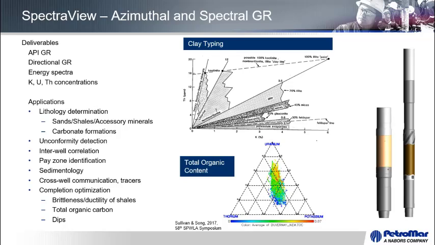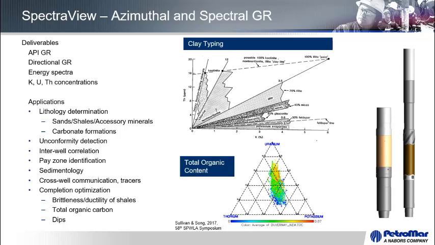Of course, the unconformity detections, some well correlations, phase zones, cross-well communications if we have tracers in the well, or then the type of shale can give us brittleness or if it's more ductile. The correlation of uranium with TOC can give us also the best zones in unconventionals for the source rock.